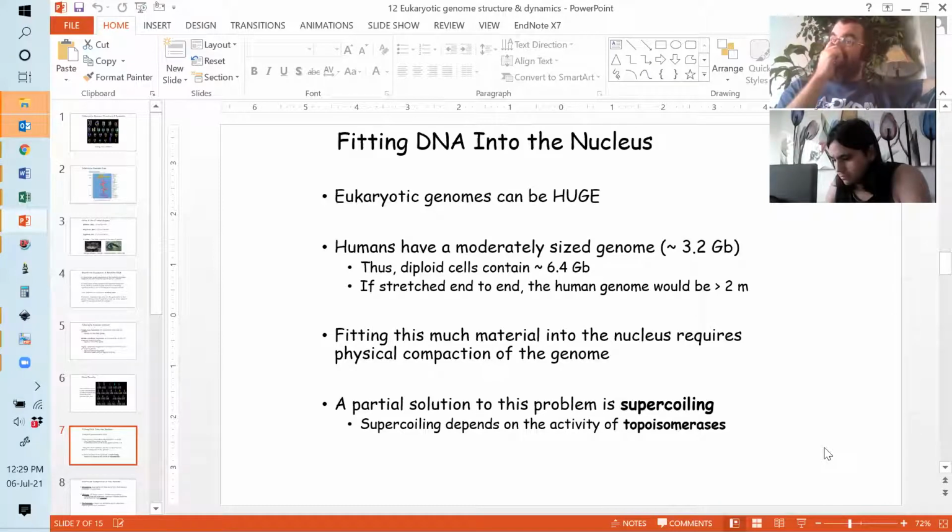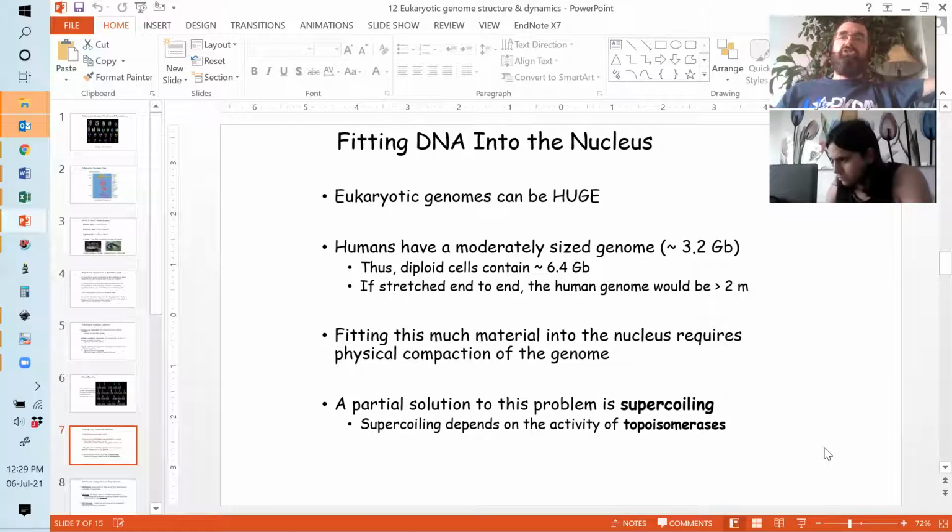And so the issue is fitting all of that DNA into that space, but being able to access it as well, right? So it's kind of a balancing act. And one thing that I really want to get across is that genomes are dynamic, right? DNA is not just sitting there stationary in one single state.